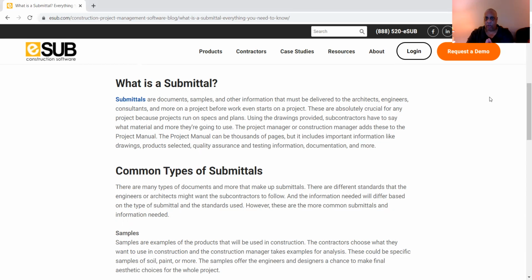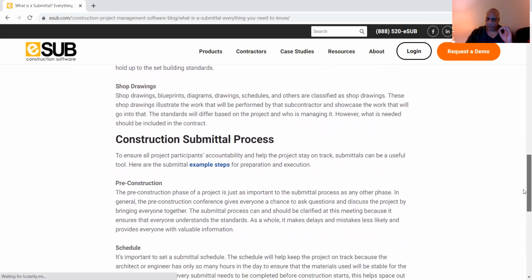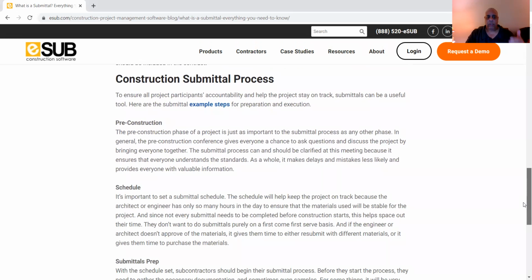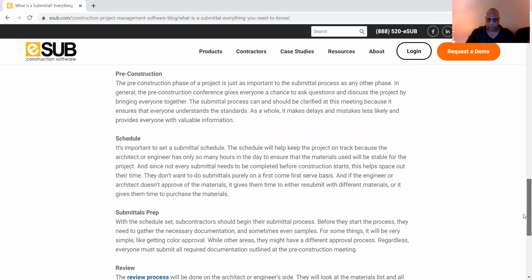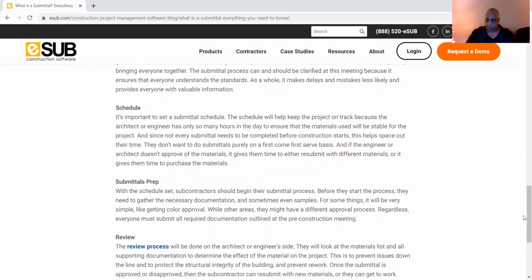Again, submittals are absolutely crucial. And again, submittals go through different phases: pre-construction, schedule, submittals prep, and of course, review.